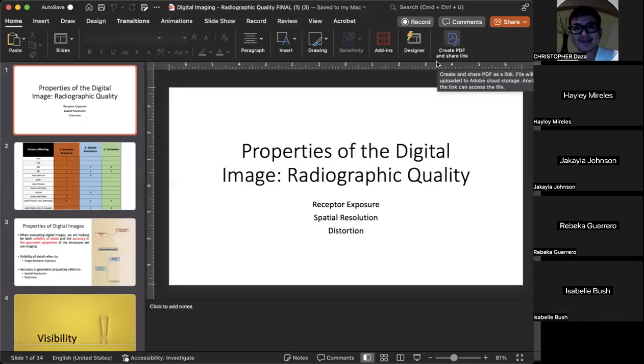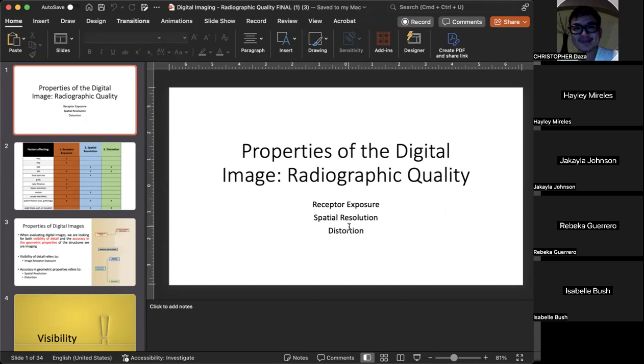All right, cool. So this unit, we will be discussing the properties of a digital image. There are certain factors that we look for in a digital image, and those factors are listed. They are receptor exposure, spatial resolution, and distortion.